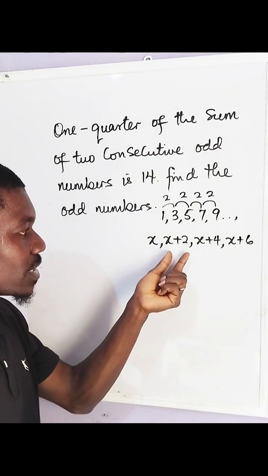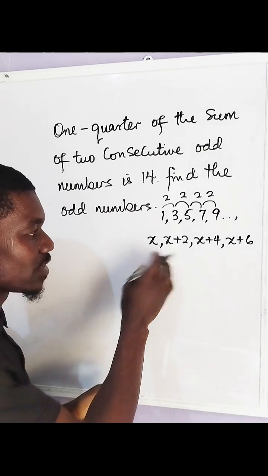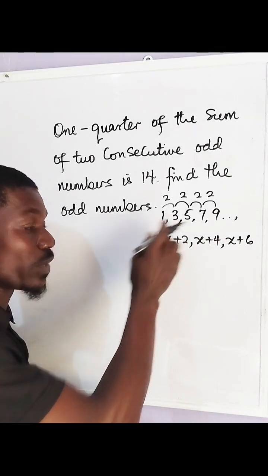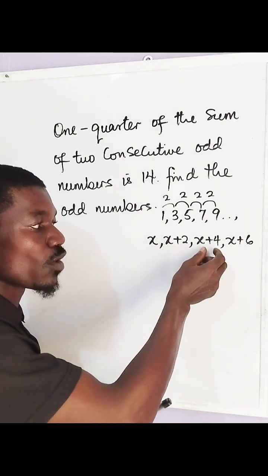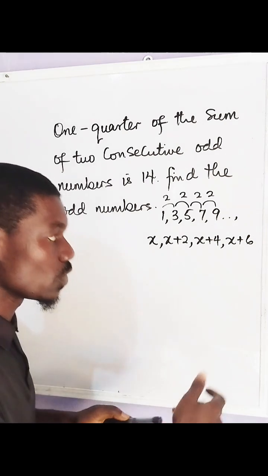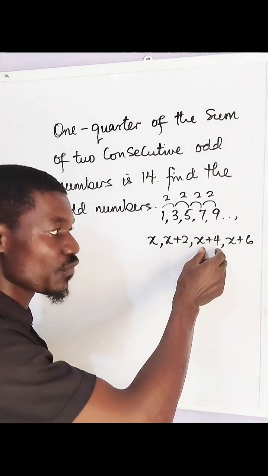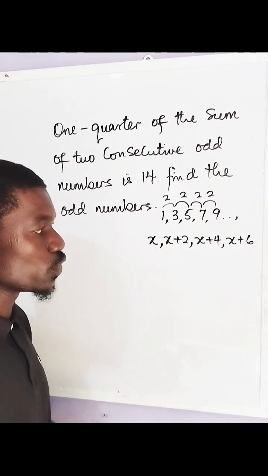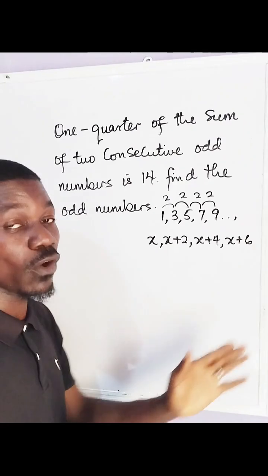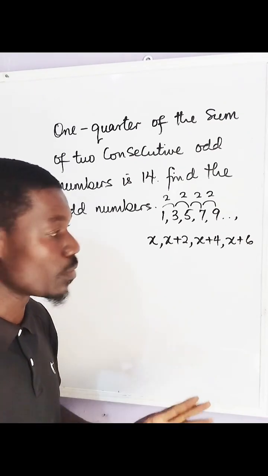If we subtract x from x plus 2, we get 2. If we subtract x plus 2 from x plus 4, we also get 2. If we subtract x plus 4 from x plus 6, we also get 2. So this is the pattern of 2 consecutive unknown numbers.